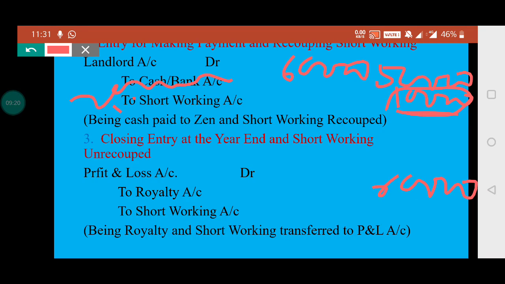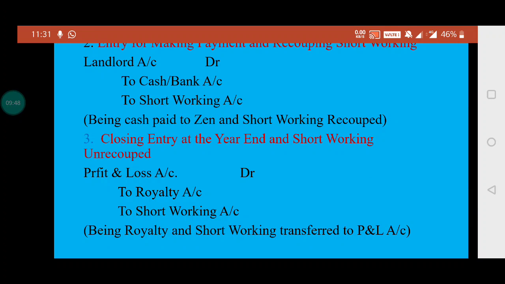So difference of 20,000 minus 10,000, 10,000 is transferred as loss to P&L account. Total of these two is 70,000. So being royalty and short working, that is loss, is transferred to P&L account.